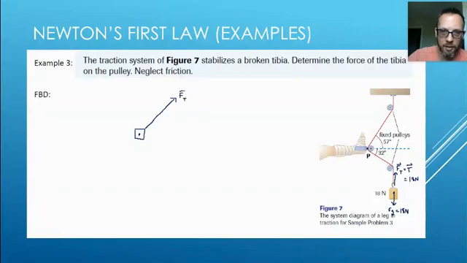I like calling it Ft. If you want to call it Ft1, that's okay too. Sometimes that might be useful to differentiate between the tensions, but I hope you understand after our last discussion that the tensions are the same. And we have the tension acting at a different angle too down here. I might throw those angles in. That's 57 degrees, and that's 32 degrees.